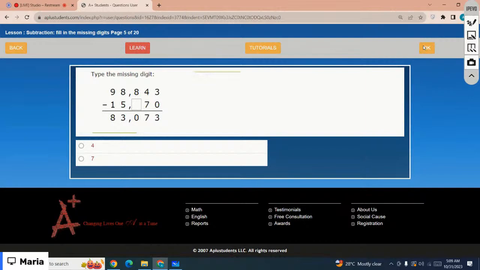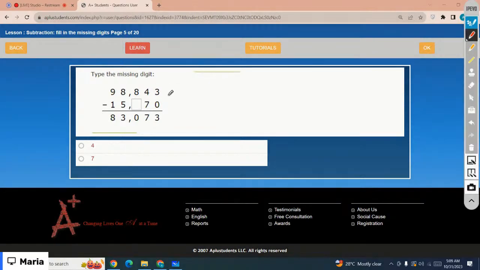Okay, let's just see which number is missing, right? Okay, what do you think? 4 or 7? Do not think, just answer logically. 3 minus 0 is 3. You cannot subtract 4 out of 7, so you need to borrow 1. 14 minus 7 is 7.